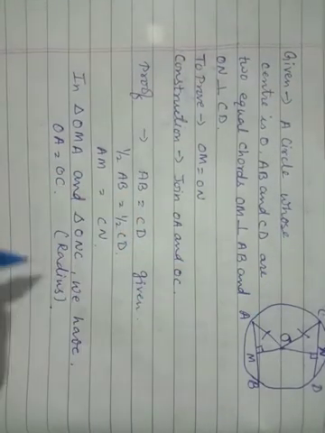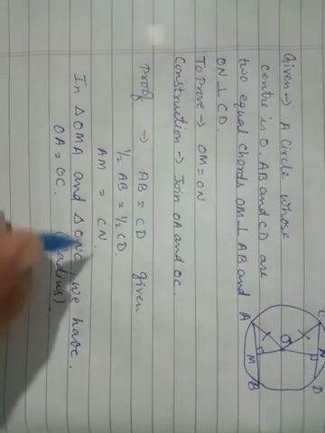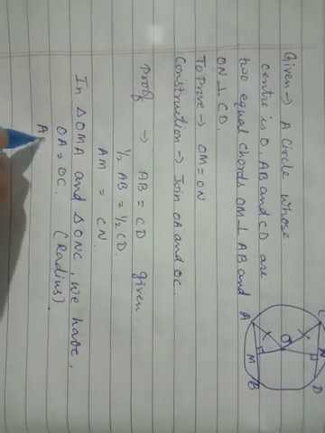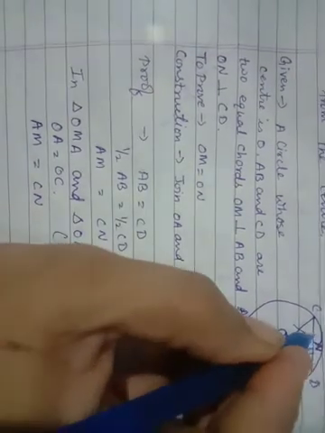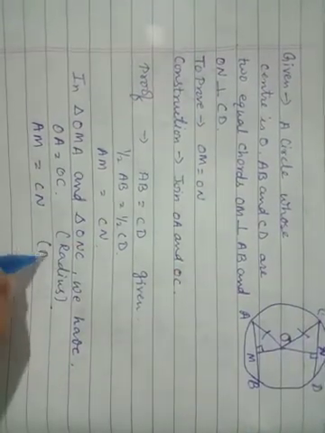Then AM is equal to CN. Just now we have proved AM is equal to CN, this side and this side.